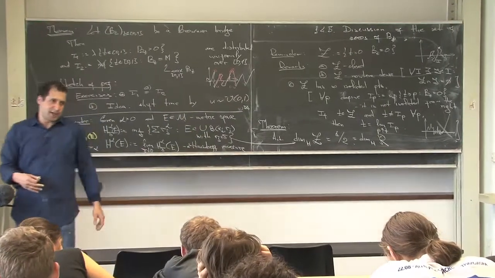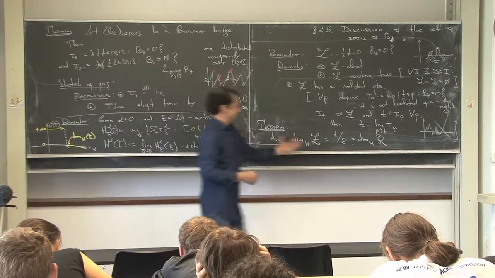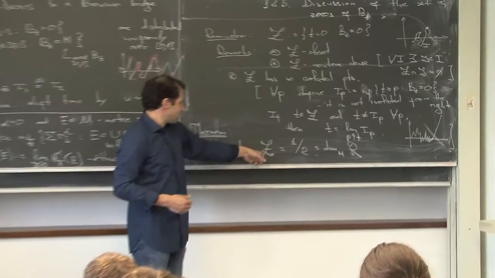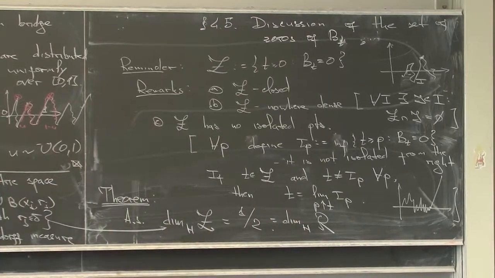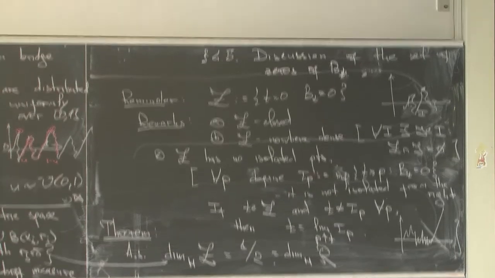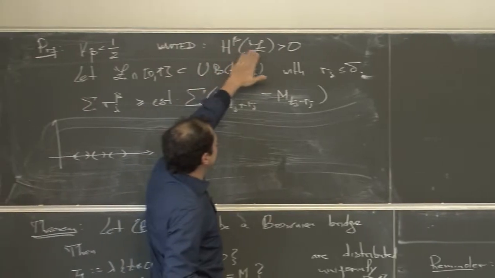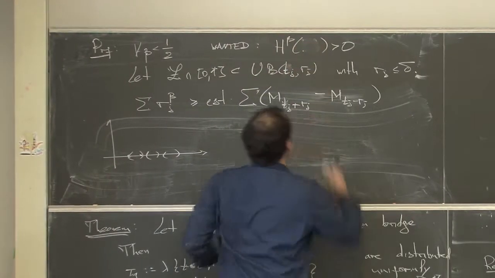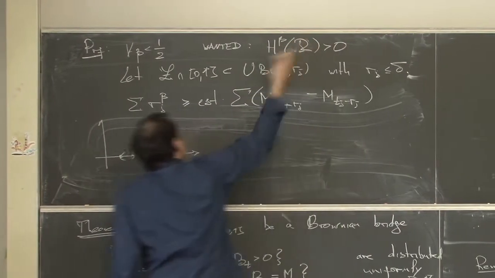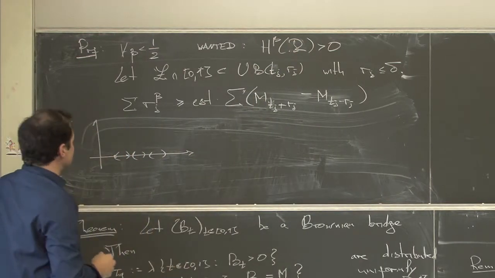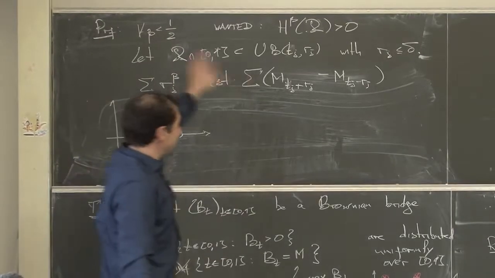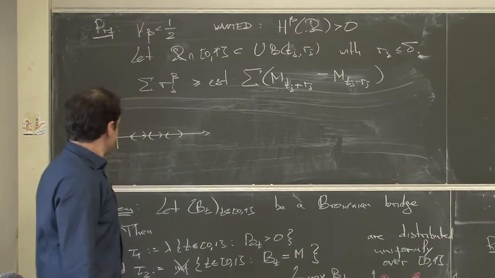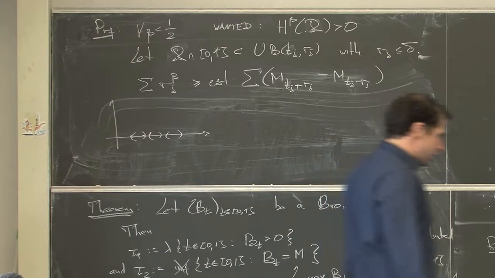It's distributed in the same way, right? So there is nothing deeper here. We know that this is the same as that. They have the same distribution. So what I'm going to prove here is not that the Hausdorff measure of Z is strictly positive, but rather that the Hausdorff measure of R is strictly positive.